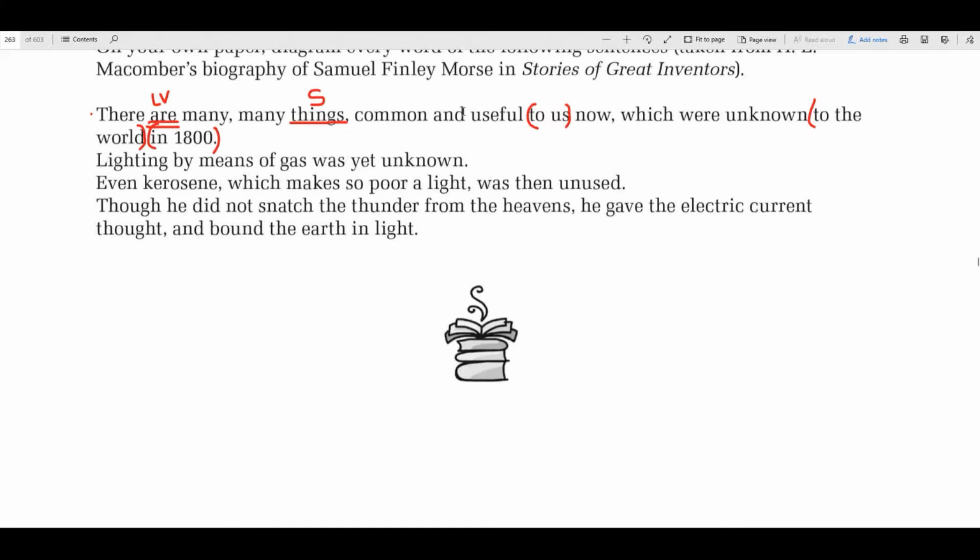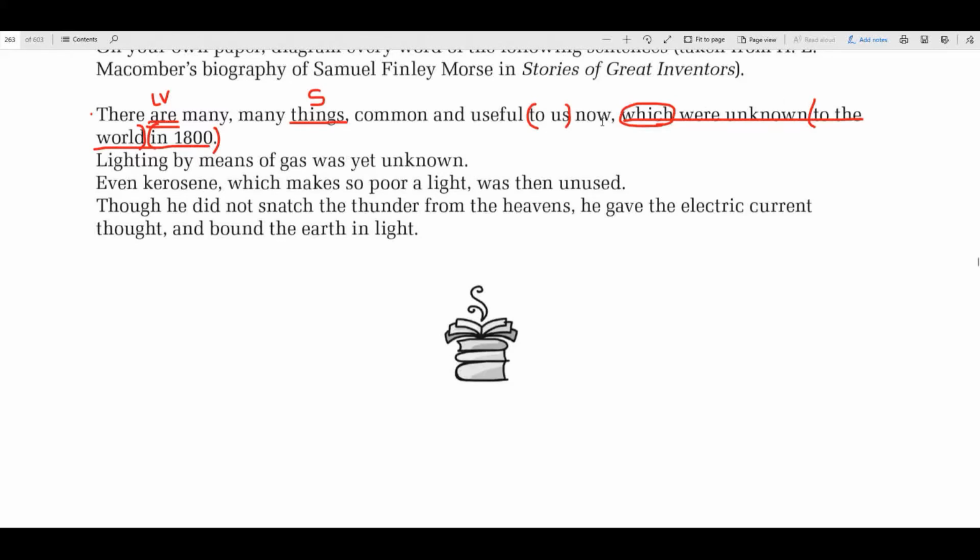Okay, now common and useful. What are those? Now this is a linking verb. Okay, so let's see what these are. We don't have a direct object, so I guess we can look to see if we have a which here. Remember what this is? Which were unknown to the world in 1800.